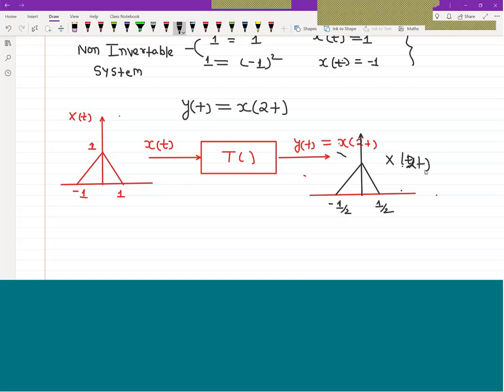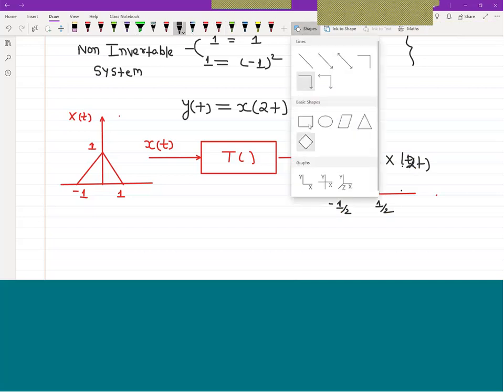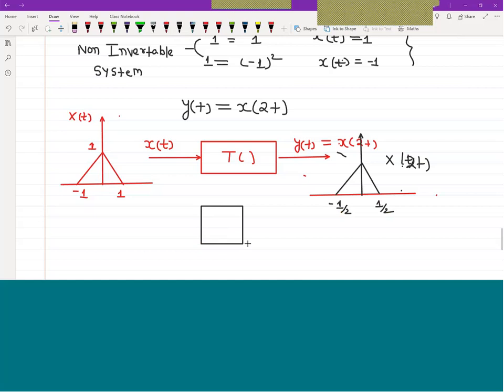So if I want the original signal back, what should its inverse system be? There is a concept of inverse system. The inverse system must be x(t by 2). So x(t by 2) will recreate the same signal. This is the idea of an inverse system.